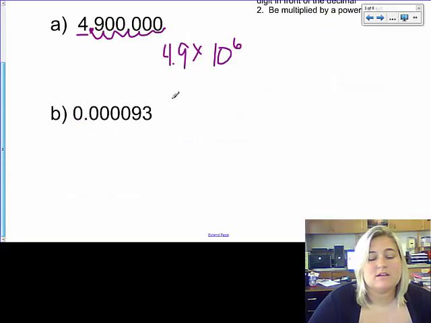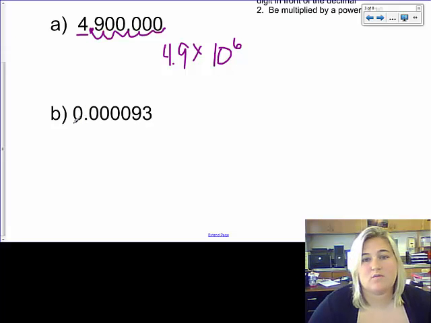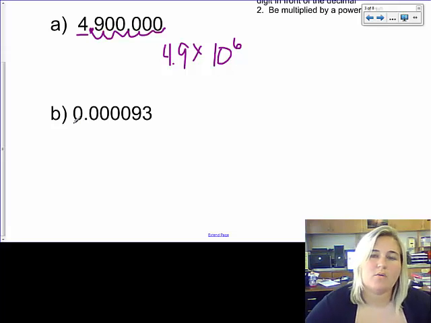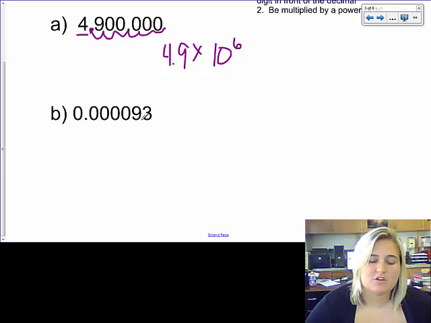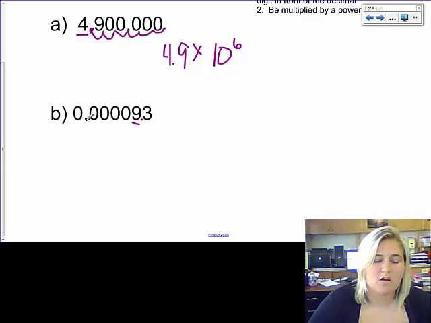On this one, same rules apply. I have one digit in front of the decimal, but it's not a non-zero. It is a 0, and I can't have that. So I want you on your own paper to work this one really quickly. I hope that you thought that the 0 should go between the 9 and the 3, because that would leave us with one non-zero digit in front of that decimal, because we can drop all these other zeros, which means I have to move 1, 2, 3, 4, 5 times.